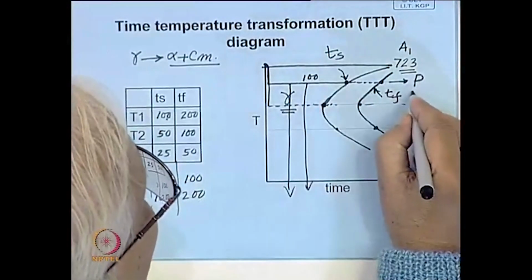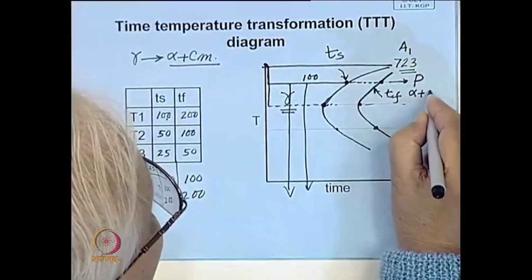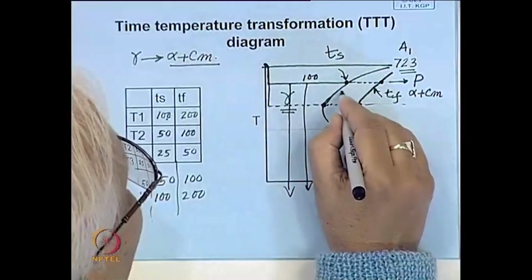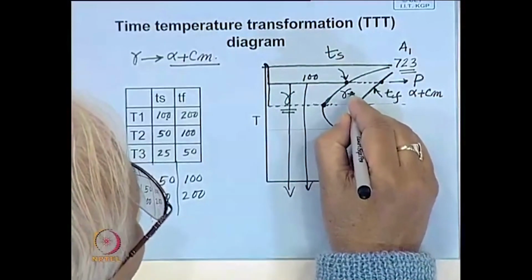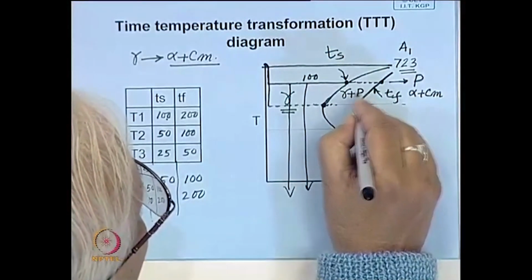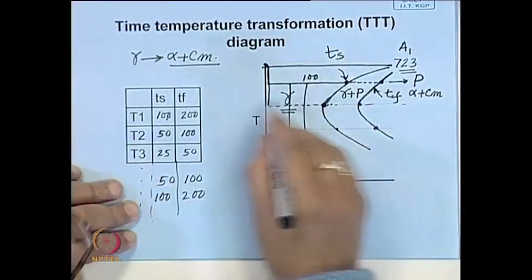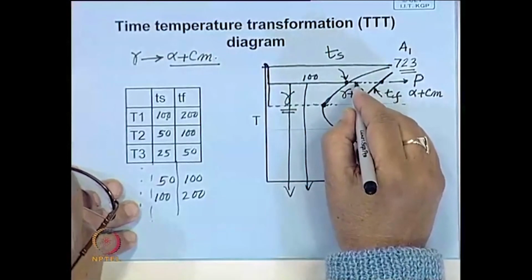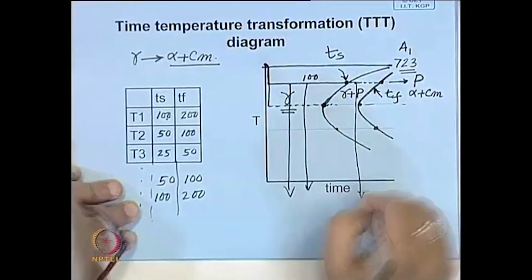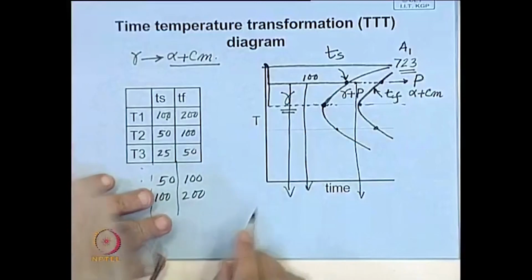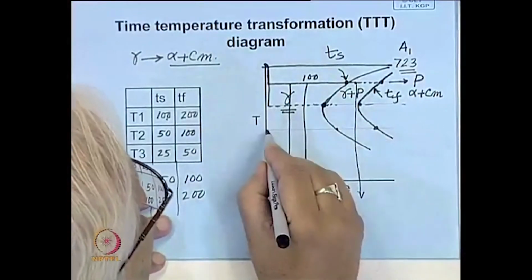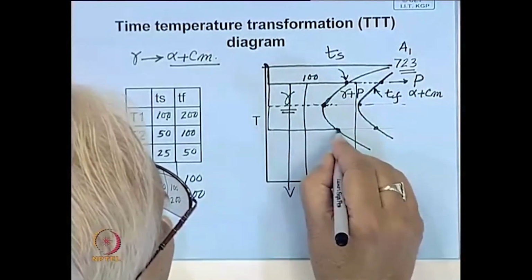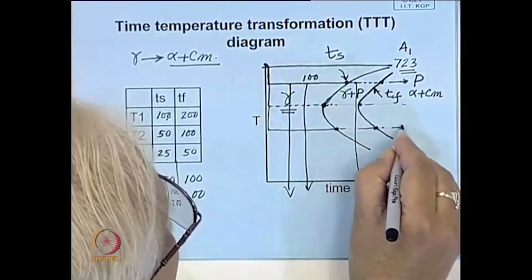Pearlite, you know, is made up of ferrite and cementite, and in between you have a mixture of austenite plus pearlite. We also look at what happens if we quench from here, what the structure will be. Same thing here as well: if you hold, this is the start, this is the finish.